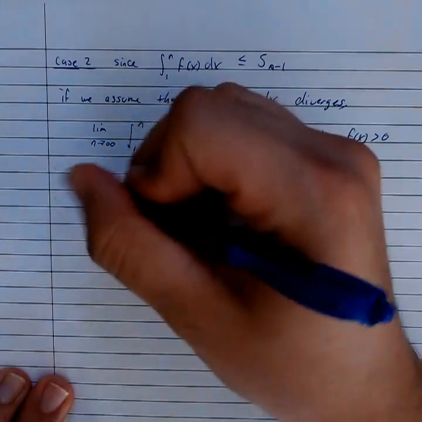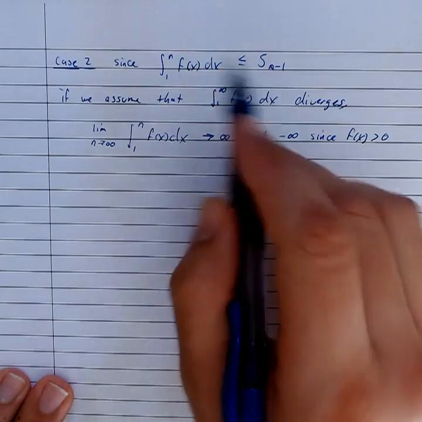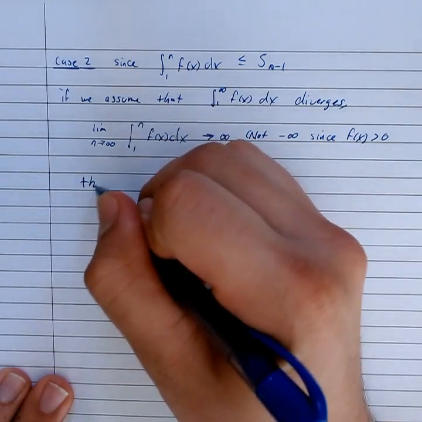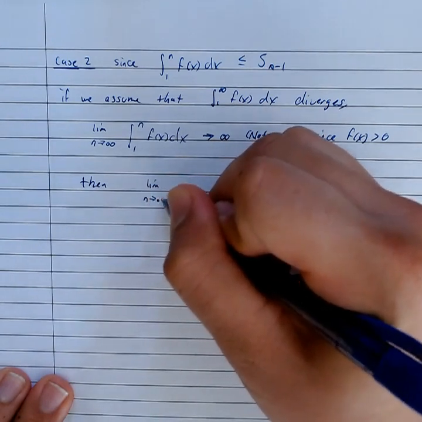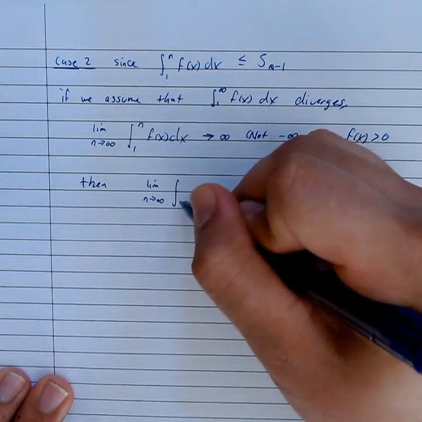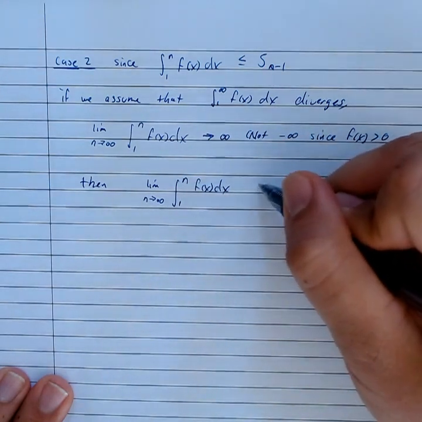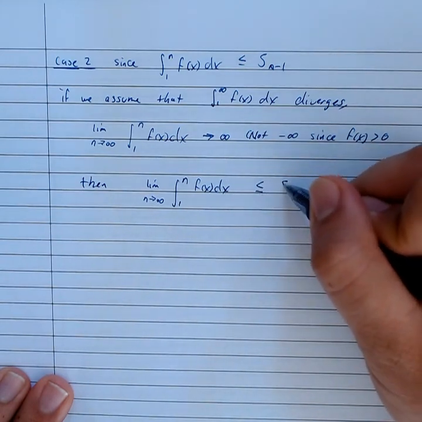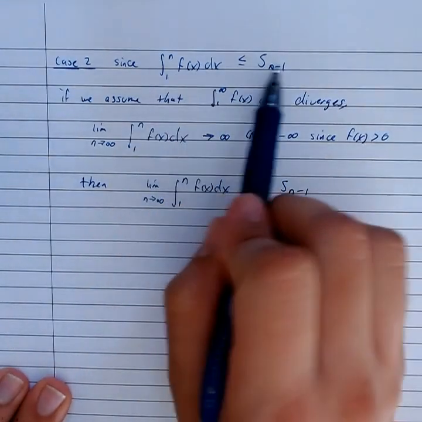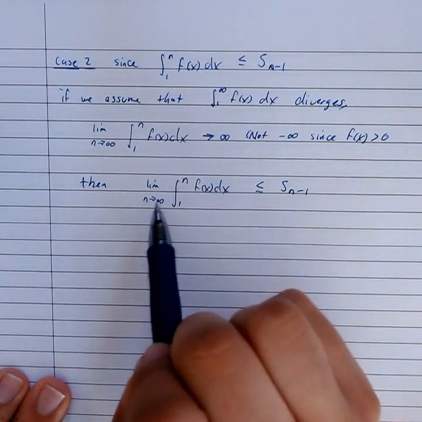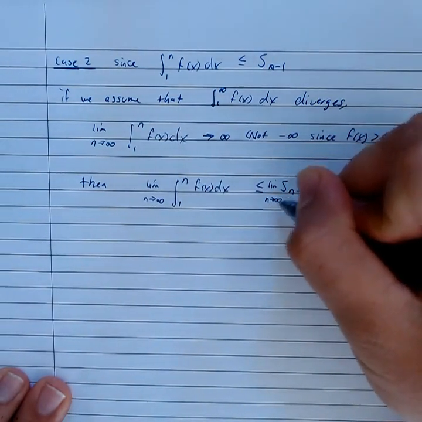Okay, but if that's the case, then the limit as n approaches infinity of the integral from 1 to n of f of x dx, which is less than s sub n minus 1, if this is always true, then it'll be true no matter what n is, all right? Limit as n approaches infinity.